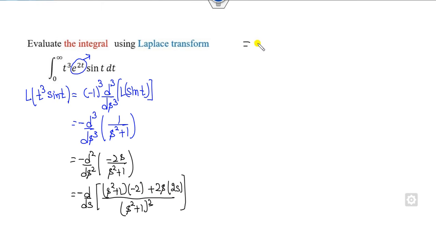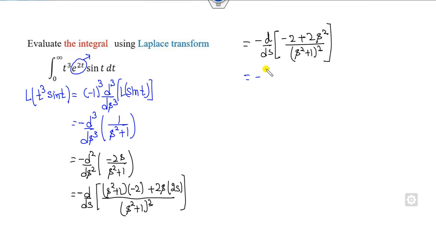So this will be minus d by ds of, if you simplify, 4s square minus 2s square, which is 2s square, divided by s square plus 1 whole square. Now it is minus of 2s square plus 4s square is a 2s.